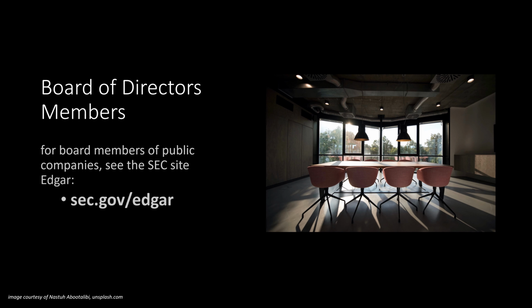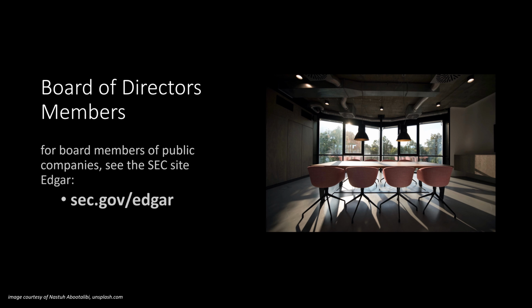Privately held companies will have individuals as owners, or perhaps other private companies. Partnerships will have individuals as partners who are the owners of that business. For publicly traded corporations, the owners, who are the shareholders, are represented by the board of directors.